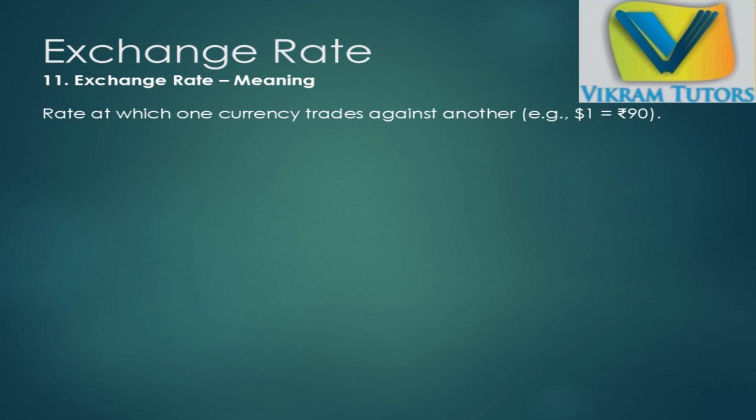These rates fluctuate constantly due to factors such as supply and demand, economic conditions, and market speculation. Currencies are traded on global markets, where banks, businesses, and individuals buy and sell them to facilitate international trade and investment. Understanding exchange rates is essential for anyone dealing with foreign transactions or traveling abroad.